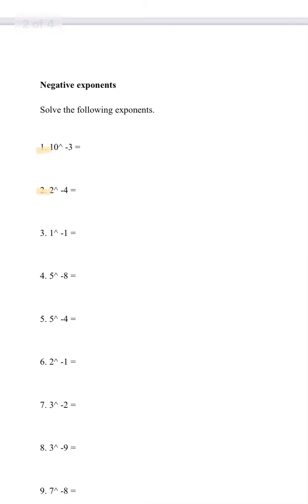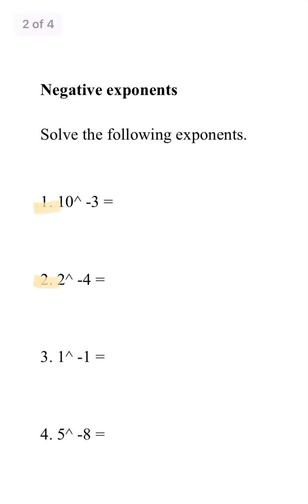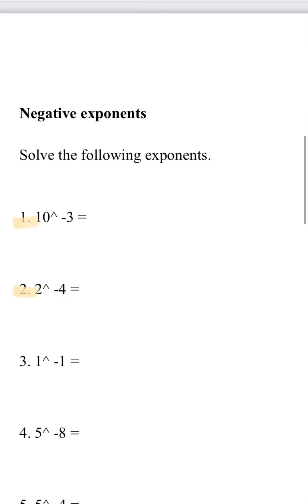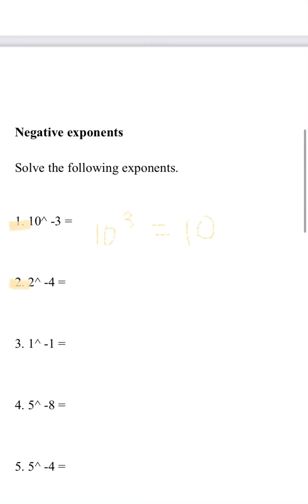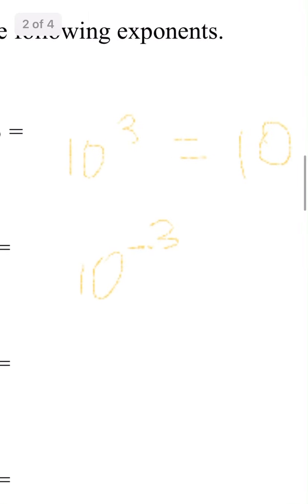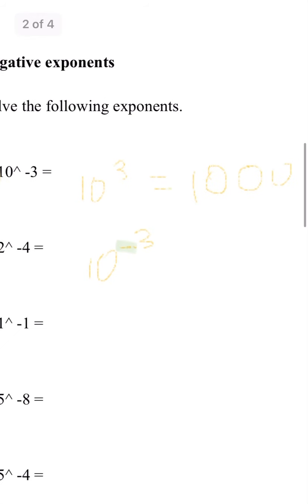So we are going to work with some negative exponents. Okay, so for number 1, first, what is 10 to the power of 3? We know that is 1,000, right? Then, what is 10 to the power of negative 3? Whenever there's a negative exponent, you're going to immediately think of reciprocals. Remember there is a 1 in the bottom, right?